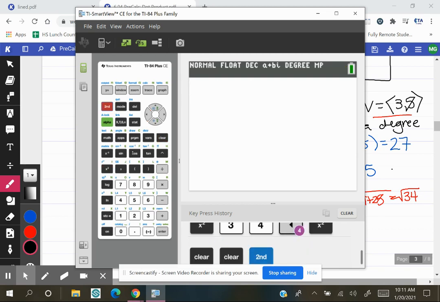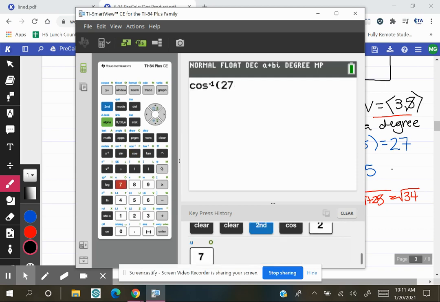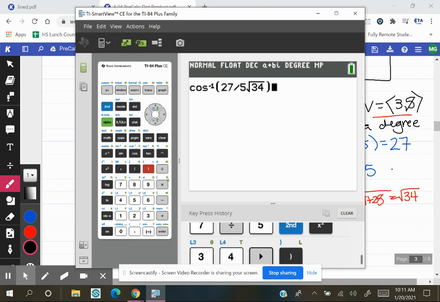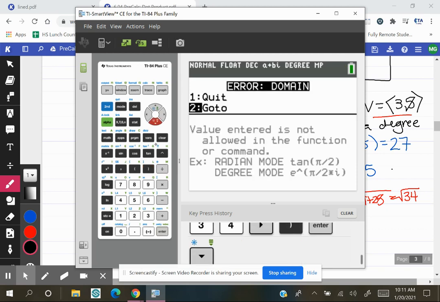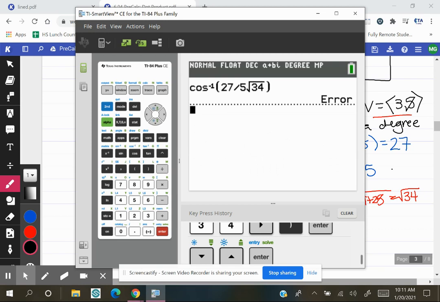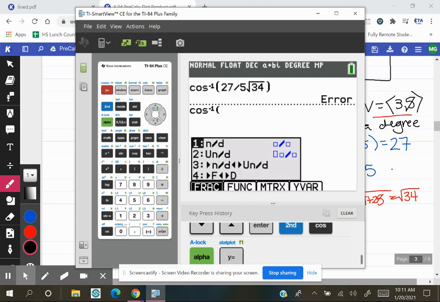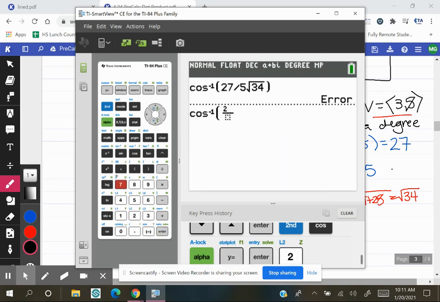I'm just going to redo that. Inverse cosine of 27 divided by 5 rad 34. So this one gave us an error. Let's try it using the alpha y equals. And if that doesn't work, then I just have to rationalize.